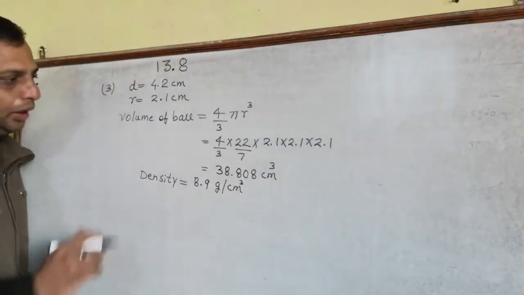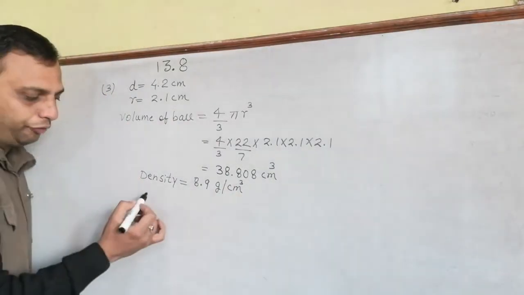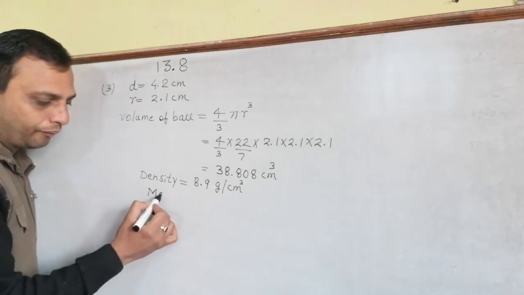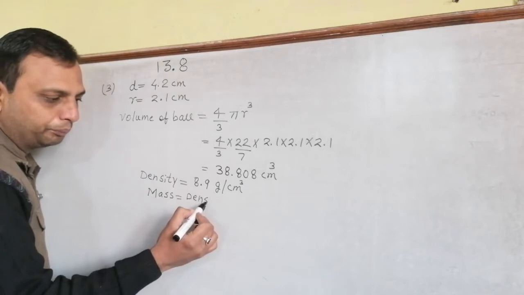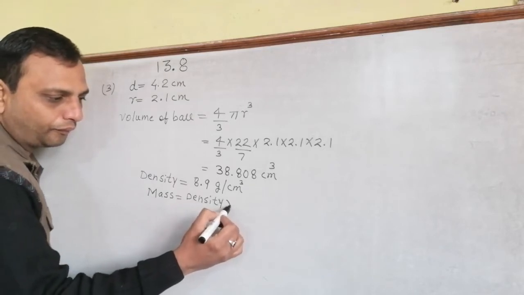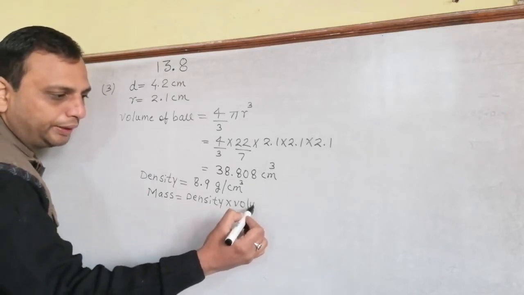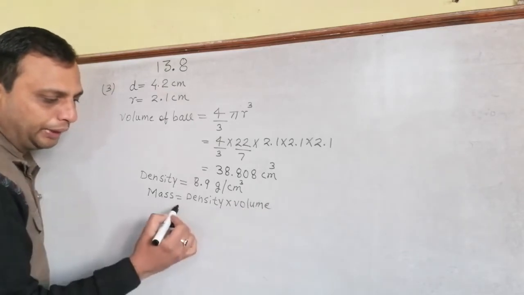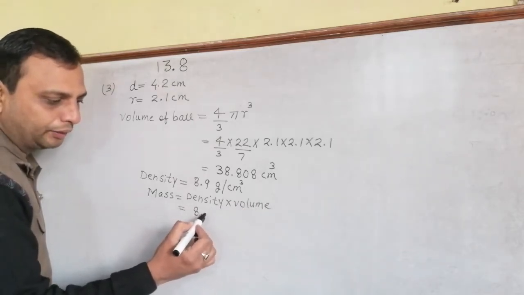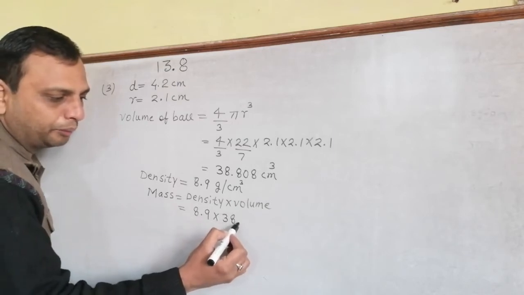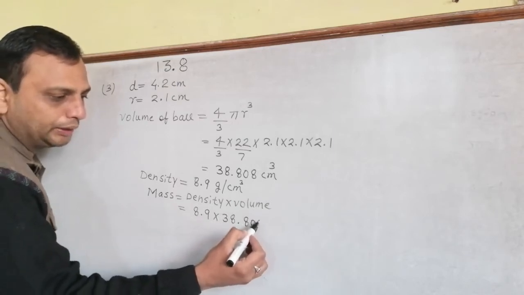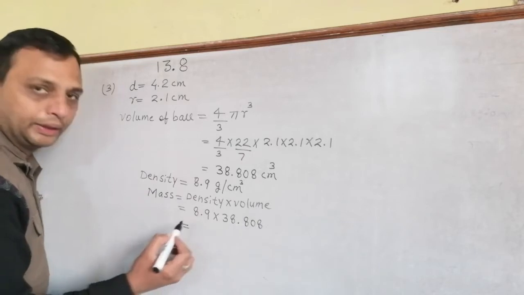Density is given. Now volume we got, density we got. We can find the mass. The mass is density multiplied by volume. So density is given 8.9, volume is 38.808.